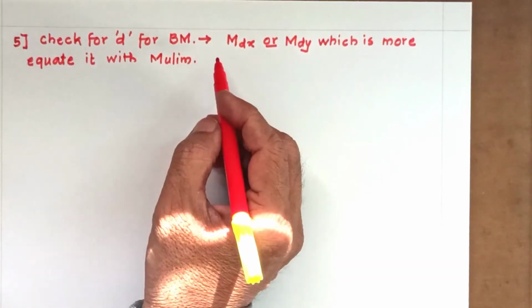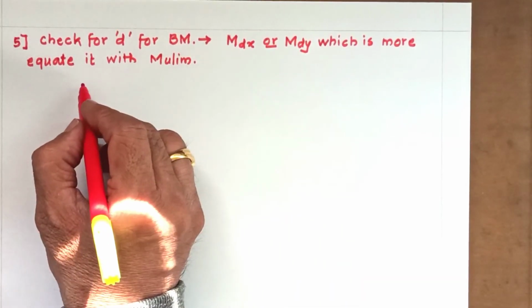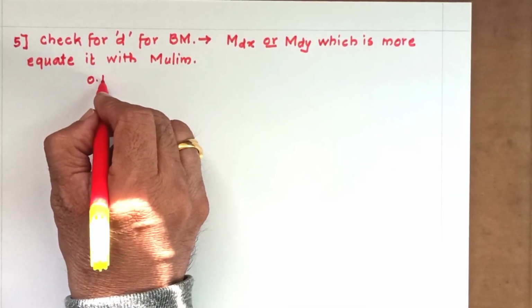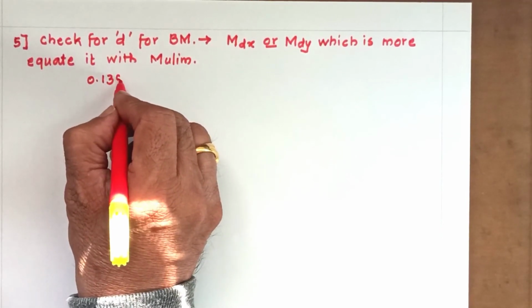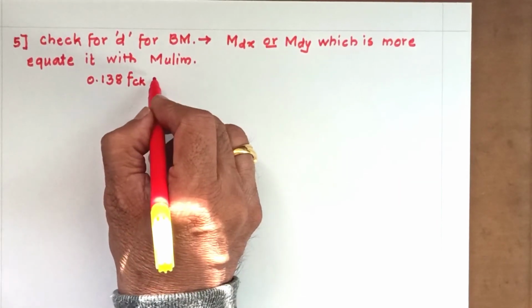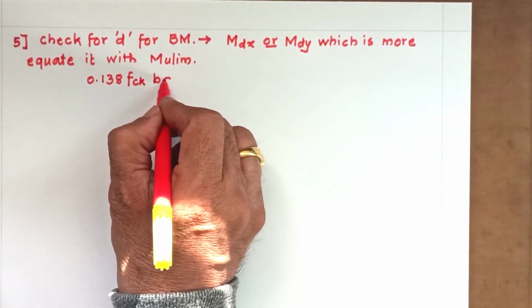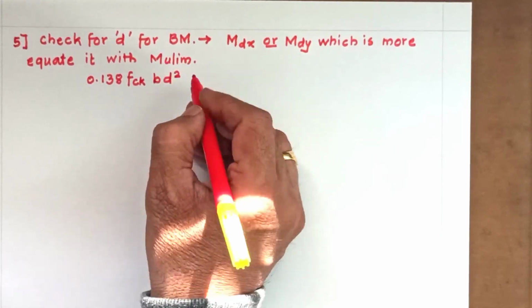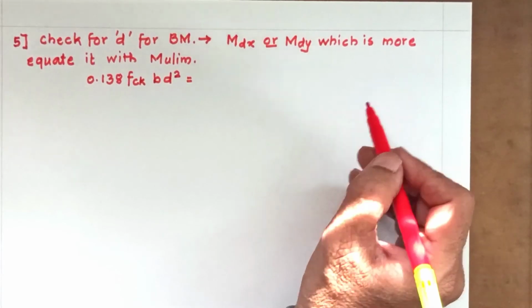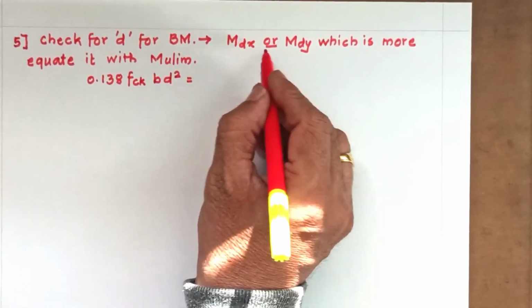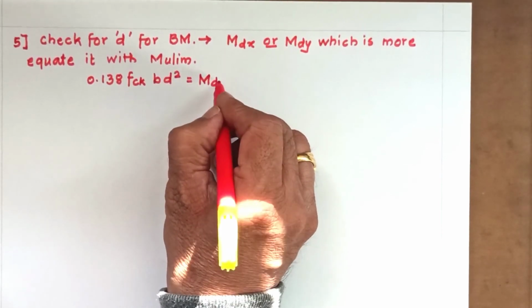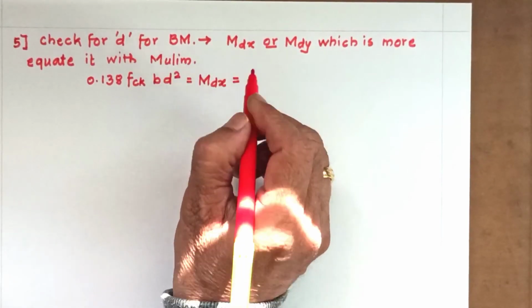For Fe415, MU lim is equal to 0.138 FCK B D square. Definitely whichever is more is MDX, hence MDX we know is, what is the value of MDX?